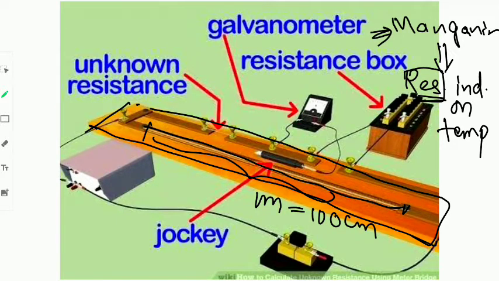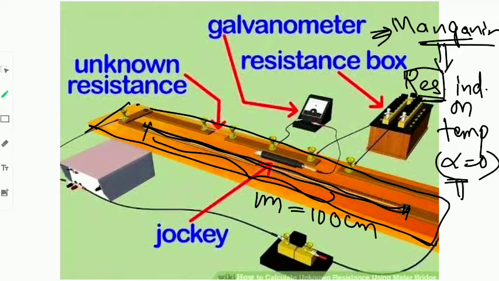Its alpha value is 0 for manganese wire. The temperature coefficient of resistivity alpha is 0 for manganese. So there is no resistance change with temperature fluctuations.